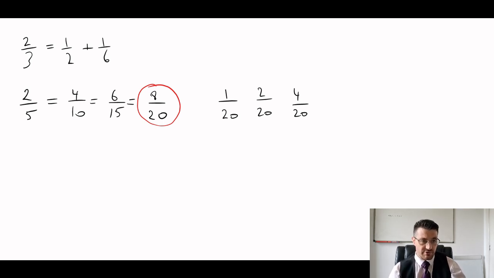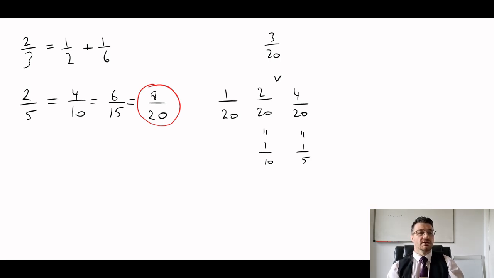So 1/20, and 2/20, which is of course equal to 1/10, and 4/20, which is of course equal to 1/5. Whereas if I'd written in 3/20, this doesn't cancel down. This is not equal to the reciprocal of a positive integer, so I'd leave that one out.